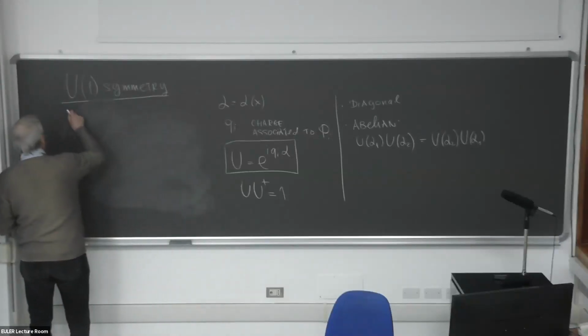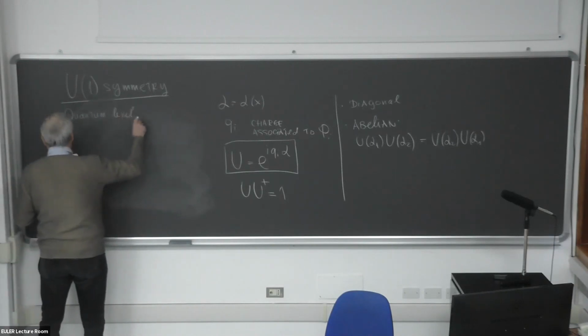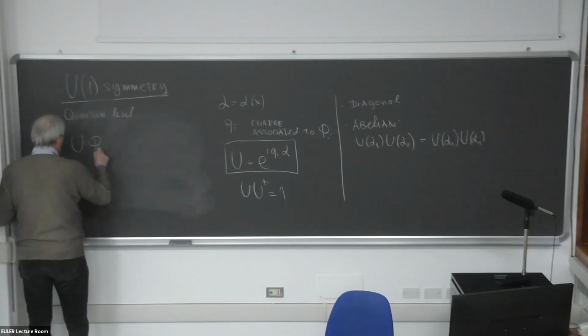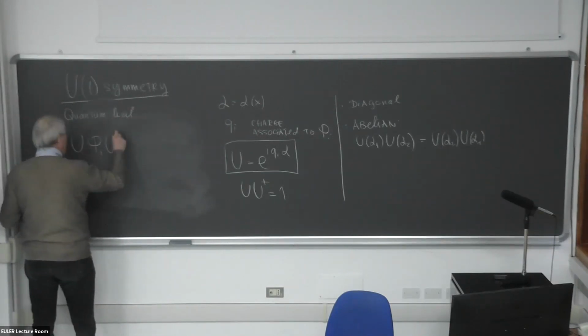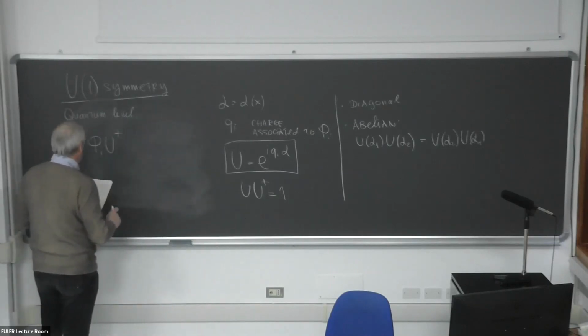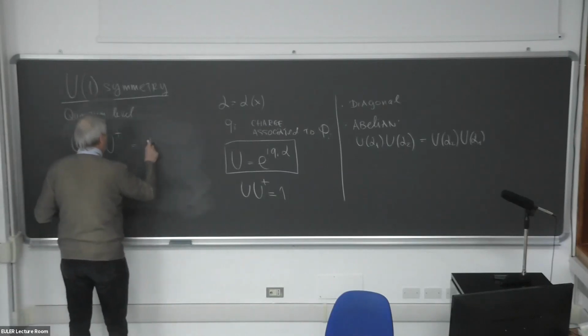Now at quantum level, the transformation, as we discussed already before, has such a general form. Now we can use dagger here because this is a unitary matrix, and this is φ_i prime.